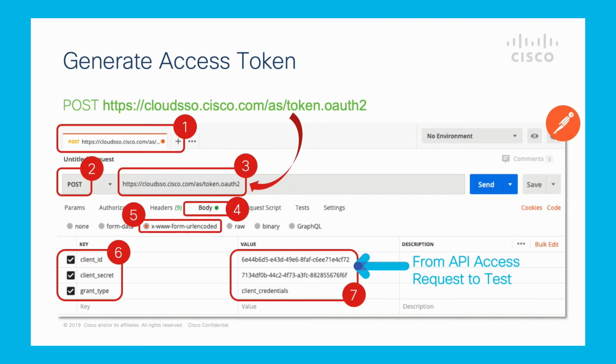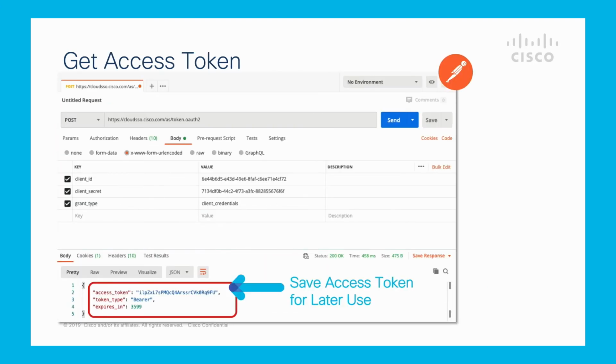Once the key and value pairs are all configured, we're going to send this request. If the request is successful, you will get a response back, and within the response, you will see your access token. Save this access token for later use.